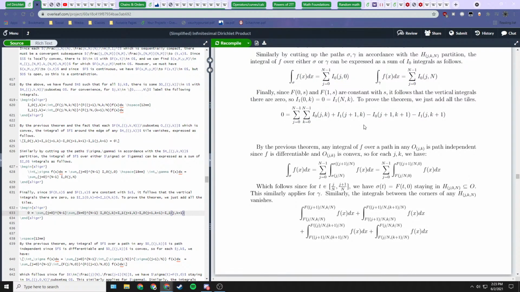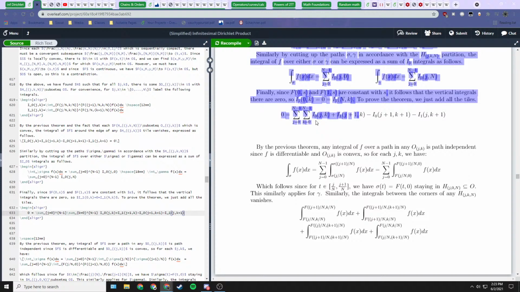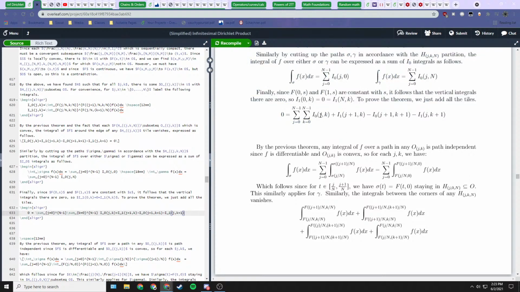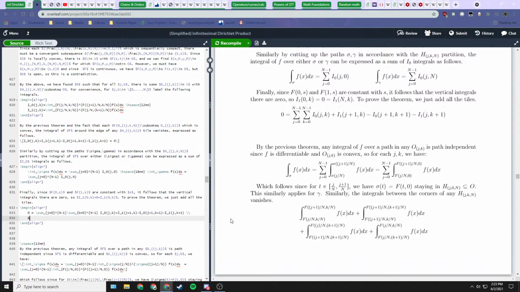But these should telescope. So as we change the value of k, so we're running through k, we have I0 jk. Yeah, okay, so we can just do a little index shift. So what we want to do is we want to say essentially all of these cancel out.